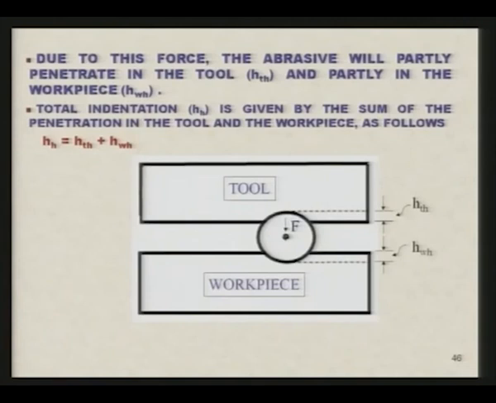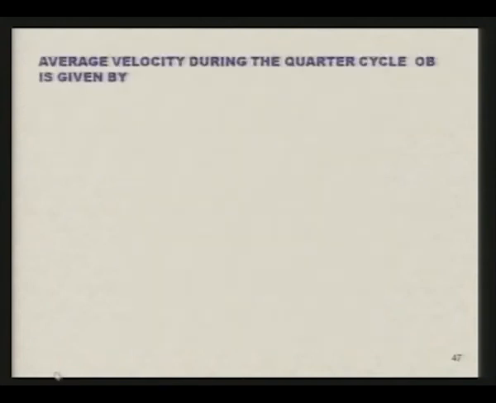H_Th is the penetration depth inside the tool and H_Wh is the penetration depth inside the workpiece, and force F is acting on the grit particle. Average velocity during the quarter cycle OB is given by A by 2 divided by T by 4. T by 4 is the time taken in the quarter cycle and A by 2 is the amplitude, and this is given by 2A by T.